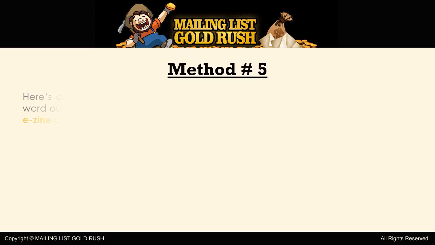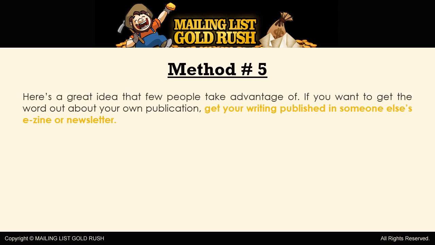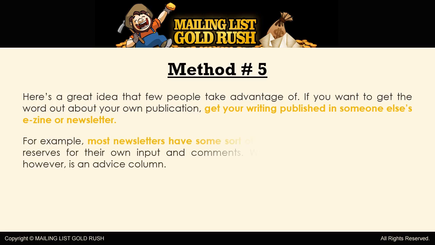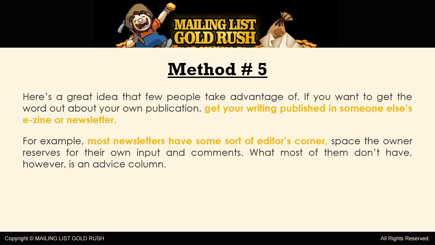Method number 5. Here's a great idea that few people are taking advantage of. If you want to get the word out about your own publication, get your writing published in someone else's e-zine or newsletter. The more subscribers they have, the better your results will be. For example, most newsletters have some sort of editor's corner, space the owner reserves for their own input and comments.